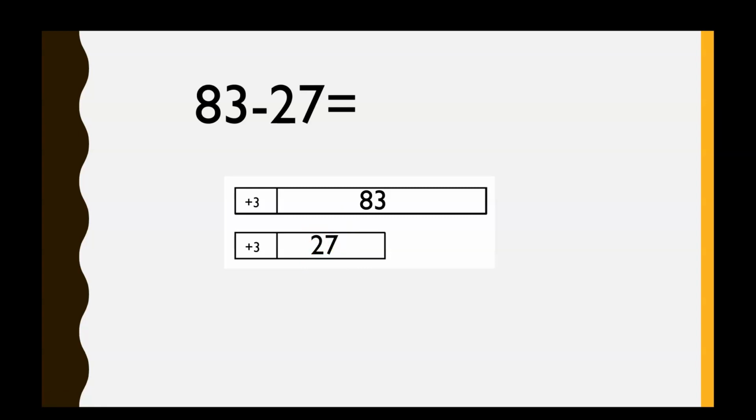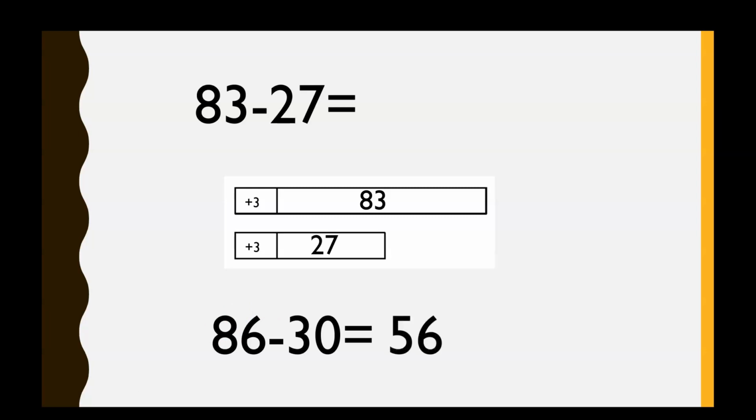Next 10 is 30. So we take 86 minus 30. If we're taking 3 tens from 8, what is our answer? 56. So 83 minus 27 is 56.